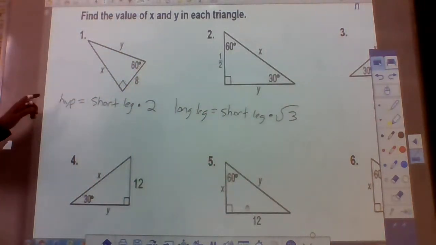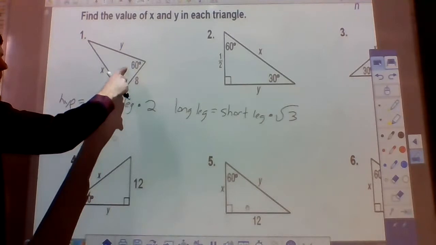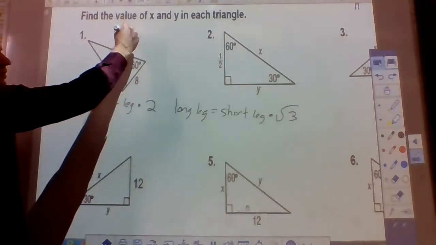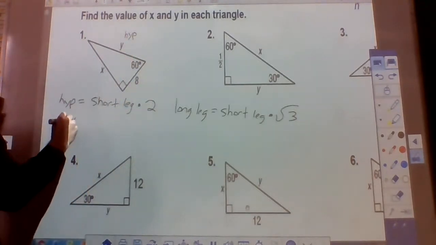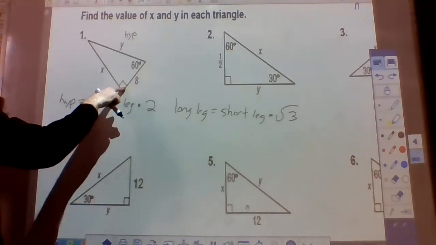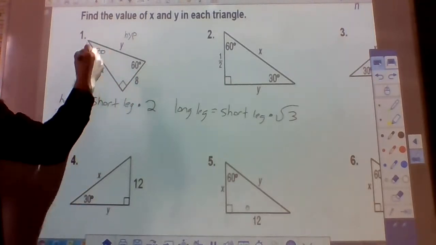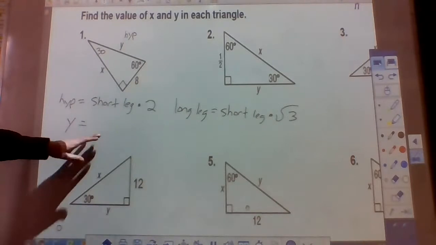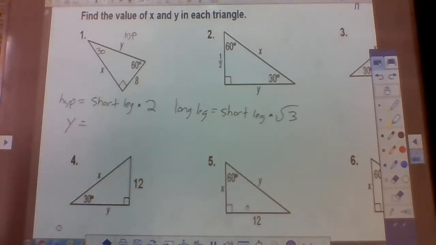The hypotenuse is across from the right angle, so that is y. The short leg: this is 90 and 60, so our other angle is going to be 30. The three angles have to add up to 180.